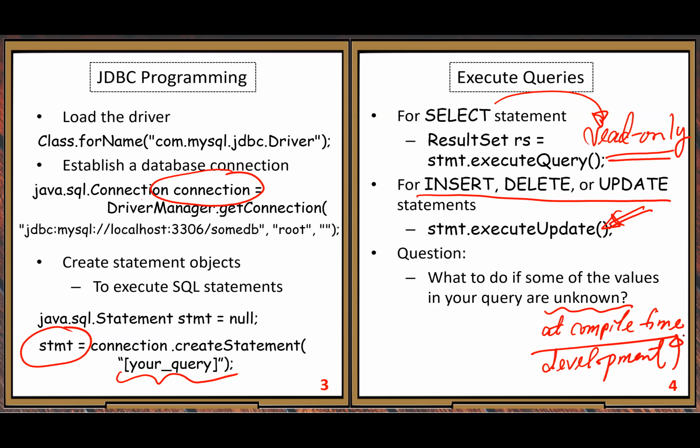some part of the data. Some fields are unknown at this time. They are known at the runtime. The data are known at the runtime because it comes from the user input. The user needs to give the input. For example, in our animal survey example, which I will show you soon, after this slide I will show a quick demo.